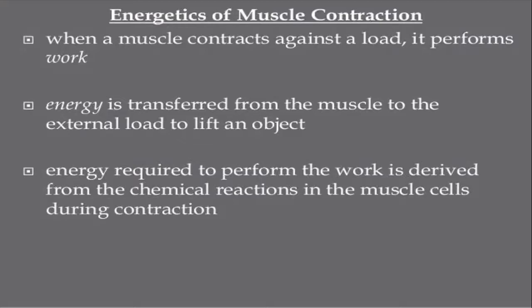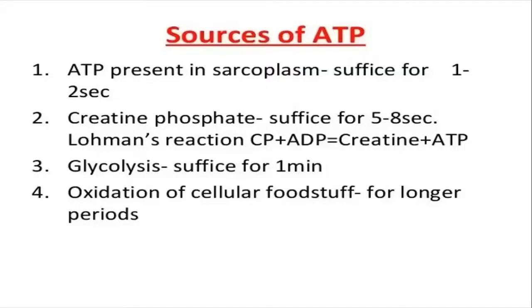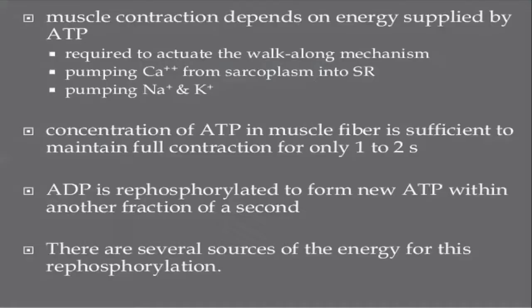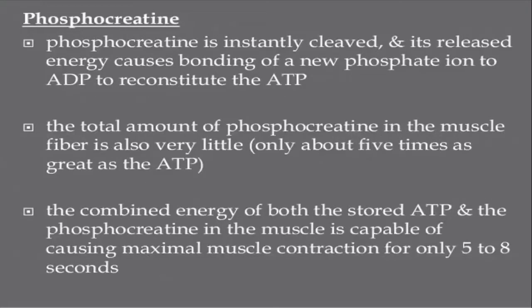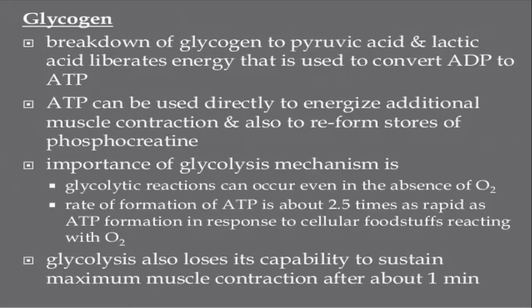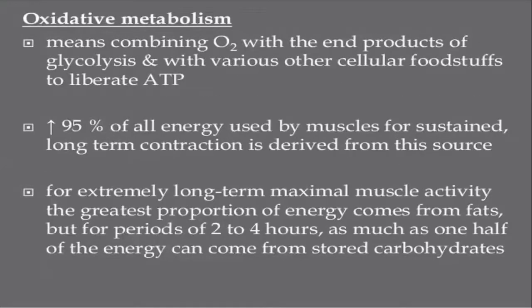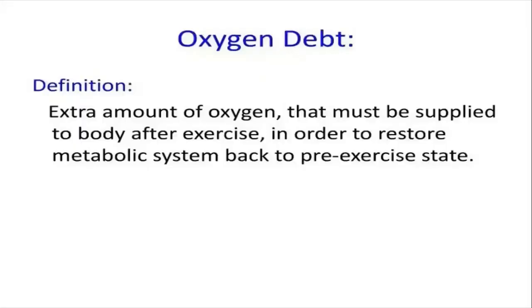So you have learned about the strength of the muscle, the power of the muscle, the endurance, and the energy the muscle gets during exercise. You have learned about the phosphocreatine system, the lactic acid system, then the oxidative metabolism.